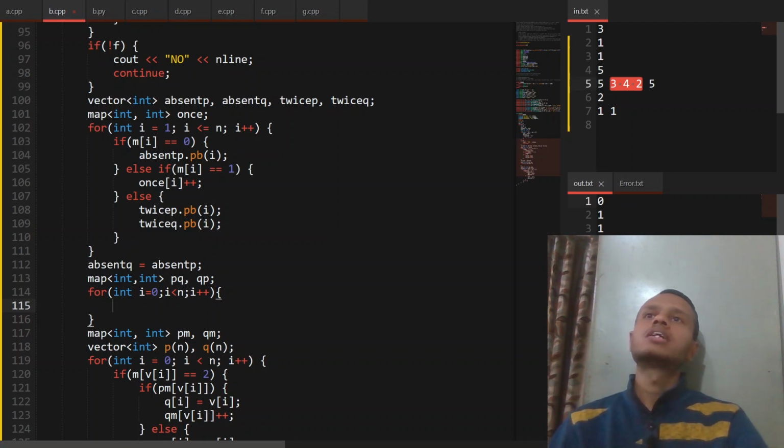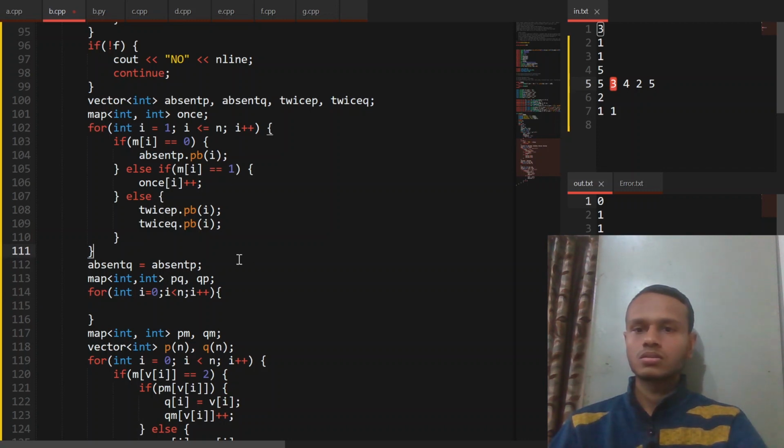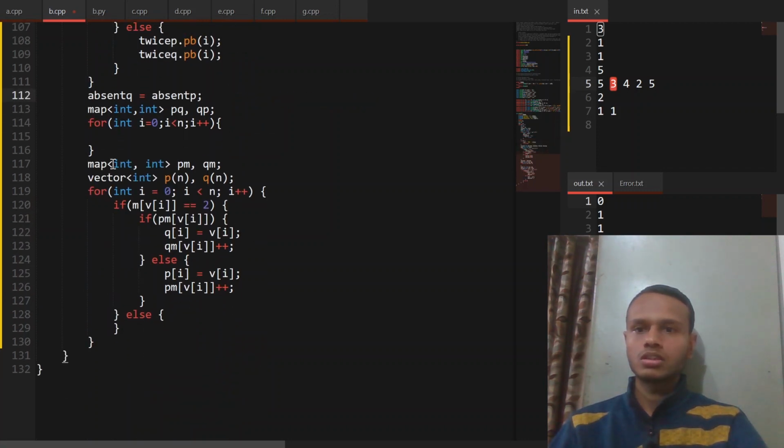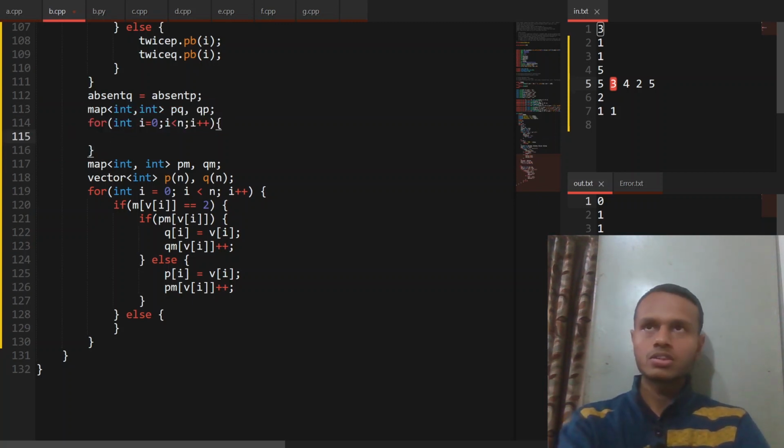So originally I was thinking that if some number is occurring only once, then I'll just do 3 3 and 4 4 and 2 2. But I think that can be a problem in some cases. Or maybe I'm just overkilling it. But I think these maps are important.